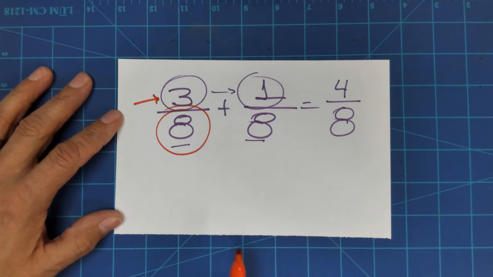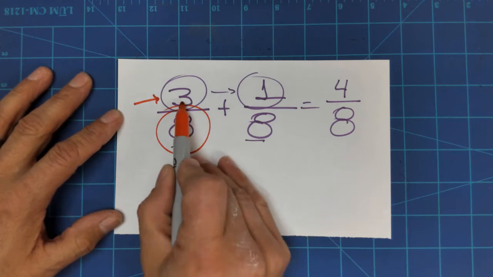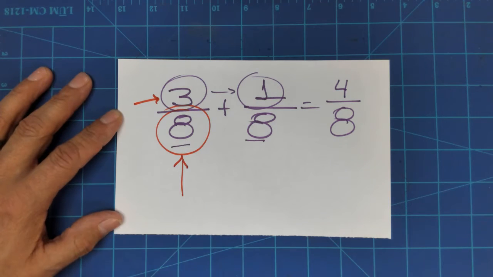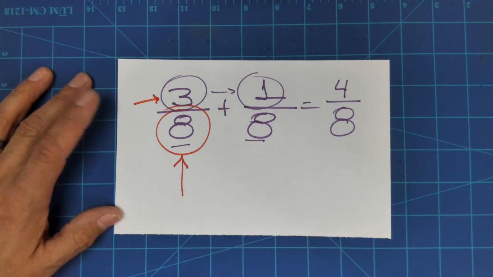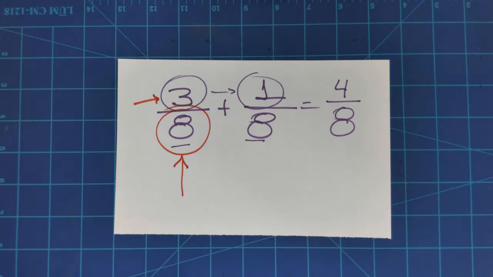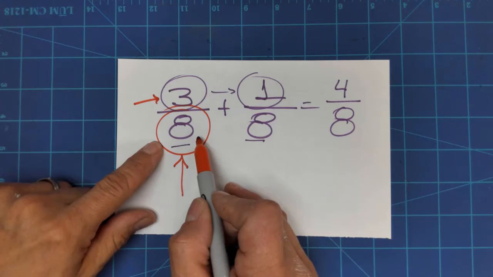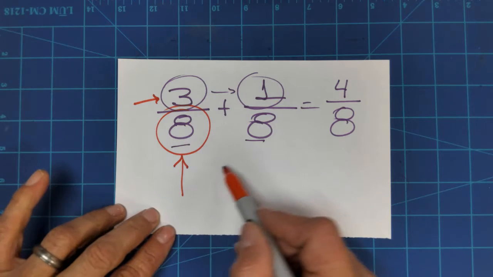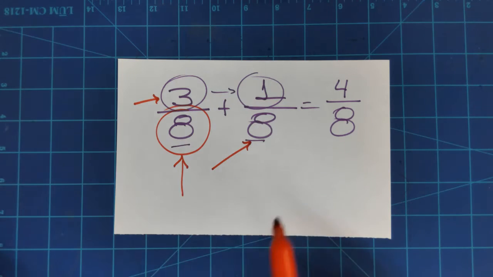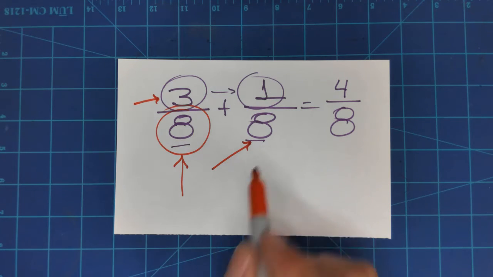What's important to understand is that whatever it is that you're dividing here, be it a slice of pizza, a piece of paper, a cake, whatever it is that this fraction is referring to, this fraction must also refer to the same thing.